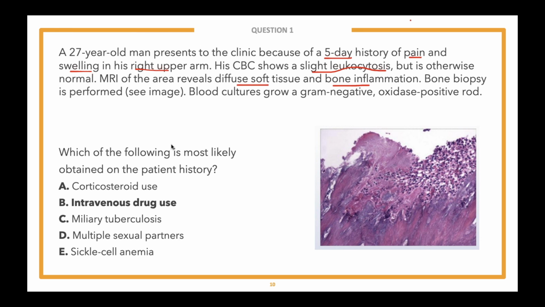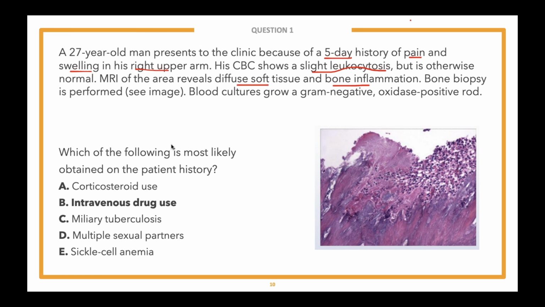Answer choice C, miliary tuberculosis due to Mycobacterium tuberculosis. These patients are at most risk of vertebral osteomyelitis, known as Pott's disease, okay? It is uncommon for tubercular osteomyelitis in a bone like this, okay? So the humerus would not be a classic case for that, so unlikely to be C. Also, Mycobacterium does not gram stain, and we already know that there's an organism in the blood that does gram stain.